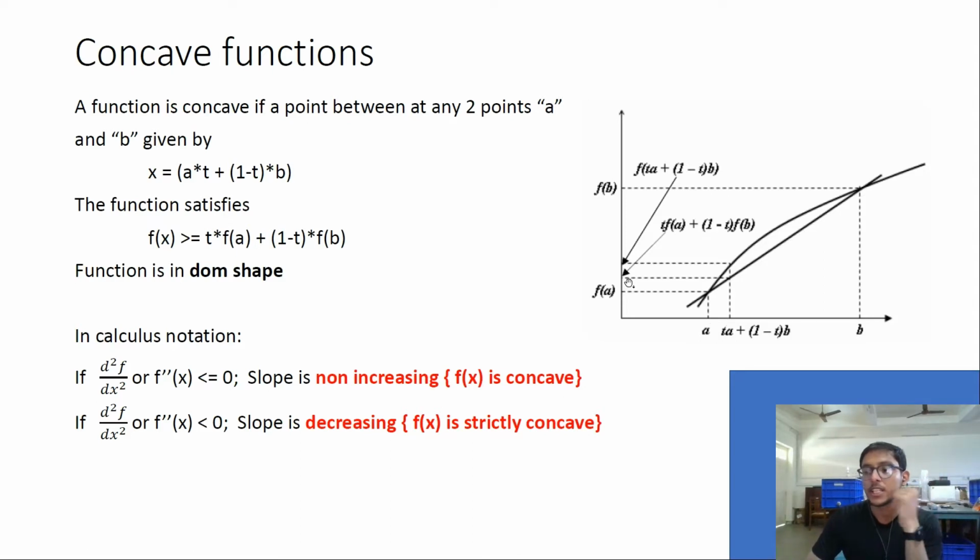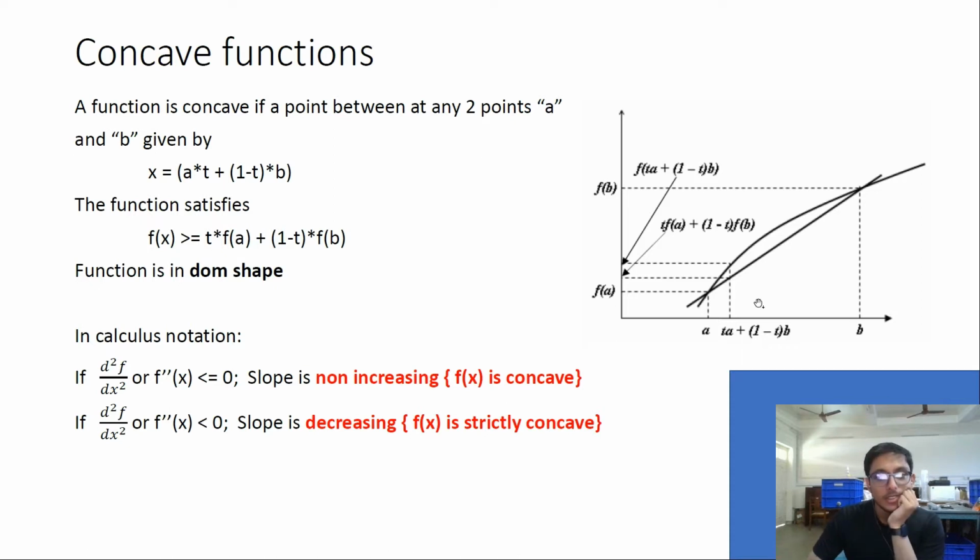If you take any point between a and b, and you calculate the value of the function at that point, then the value you will get will be higher than if you do the same operation on the value of each point. We'll look at some points if you are not very comfortable with these things. Then we'll look at some examples, and then it will be a little bit clearer.